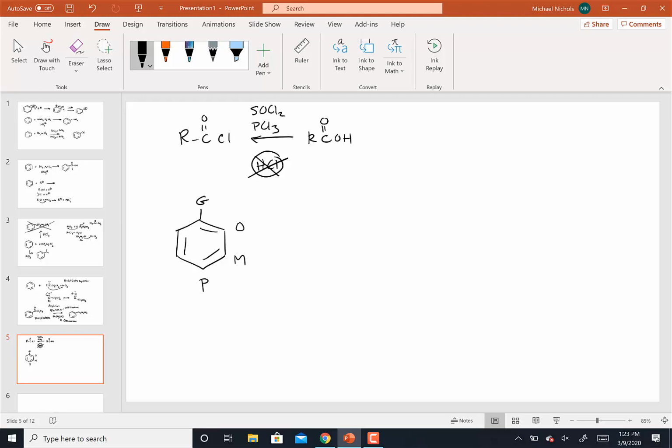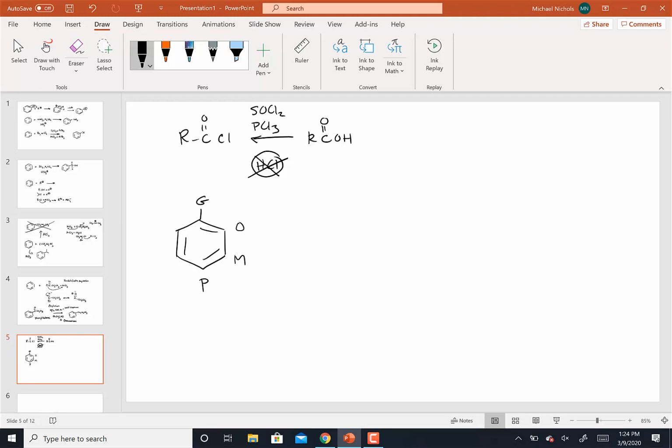There's a system here. Where that electrophile will go relative to the group on the ring, ortho, meta, or para, is due to what type of group we have on the ring.